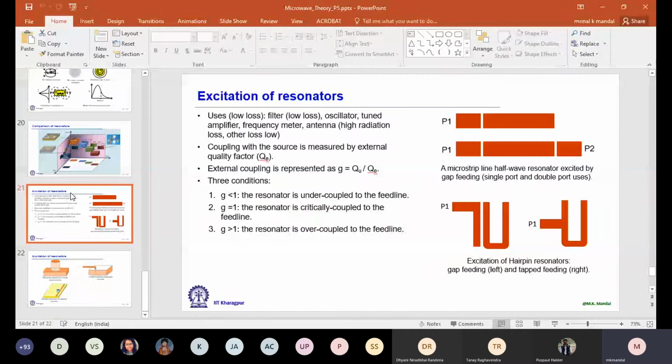Next, how do we excite a resonator? That is also important. For a microstrip line, we simply use a gap as shown here. Now you can change the gap and control Q external. When we design this coupling system, we have to keep one point in mind: the feed line should have some field component in the resonator.